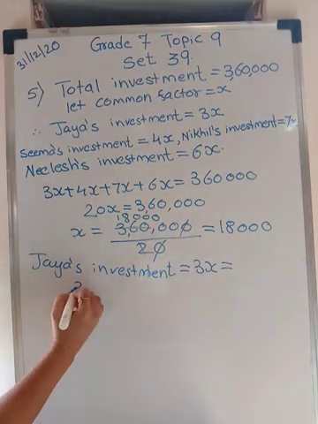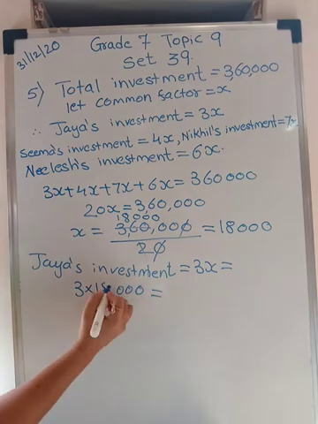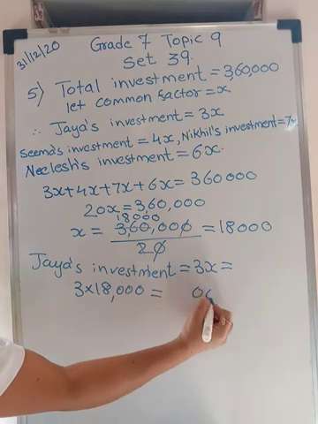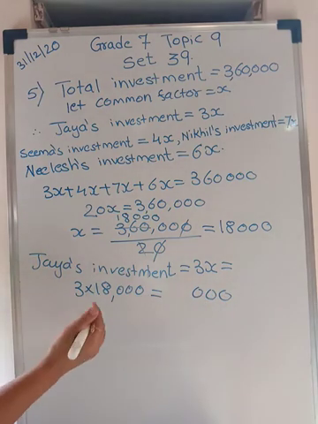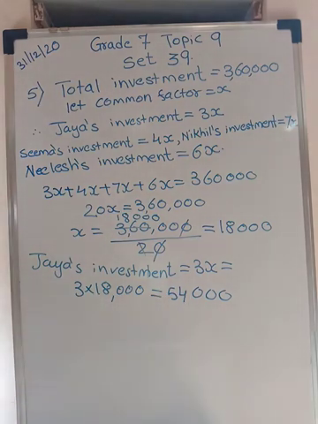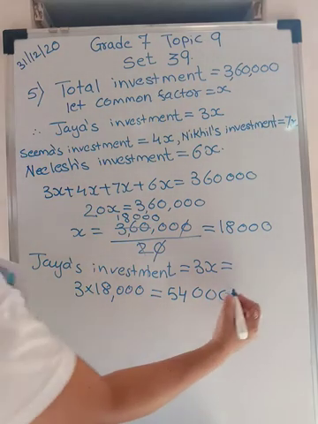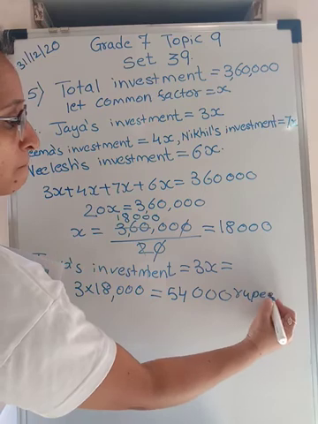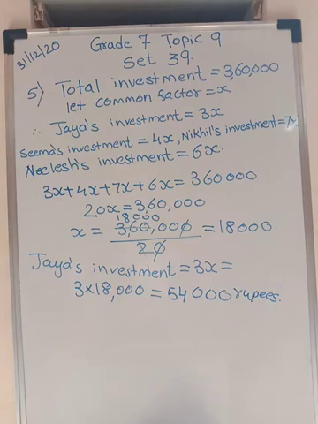So we have 3 zeros and 18 3s are 54. So 54,000 rupees is Jaya's investment. Up till here is clear?